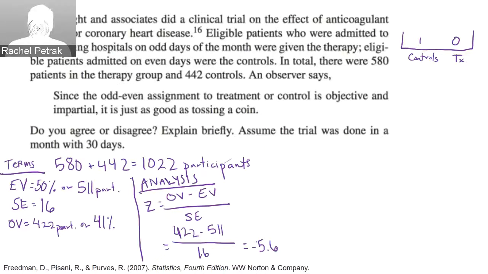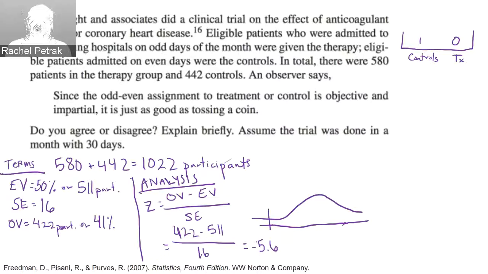We know that there was practically a fraction of 1% chance at a z-score of 3. So let's think about our z-score on the normal distribution. Well, now we're at negative 5.6.